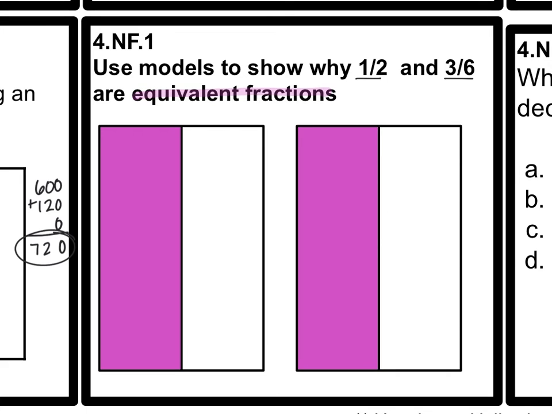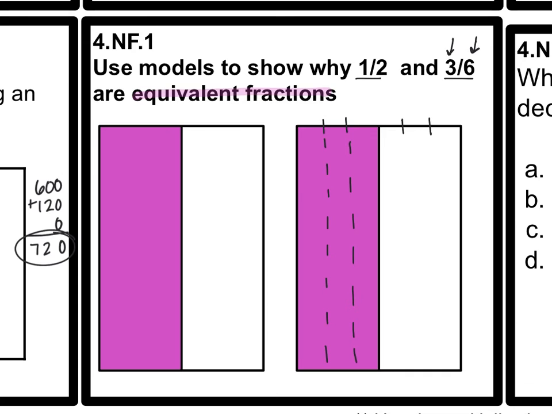However, with 3/6, I need to make sure that I have 3 pieces shaded out of a total of 6, meaning that if I divide these 2 pieces into 3 pieces each, I will have 3 shaded out of 6, and I'll go ahead and draw those lines. Nice dotted lines, sorry about the crookedness.